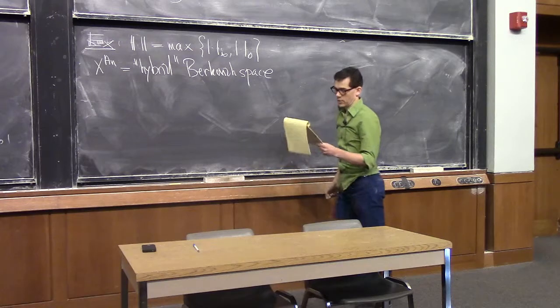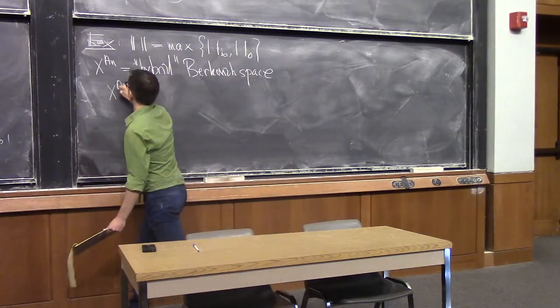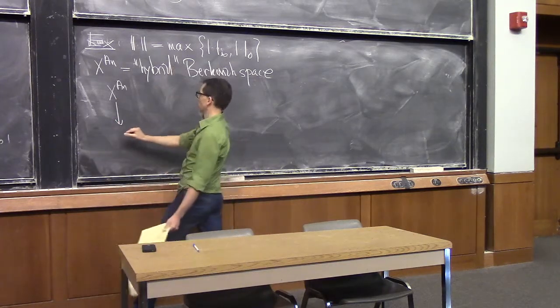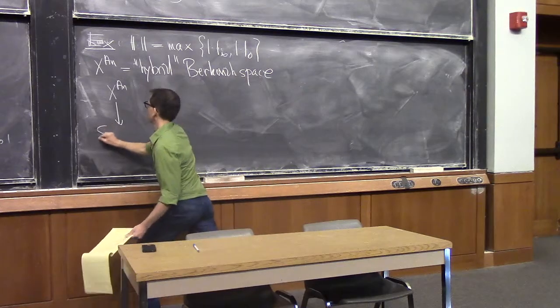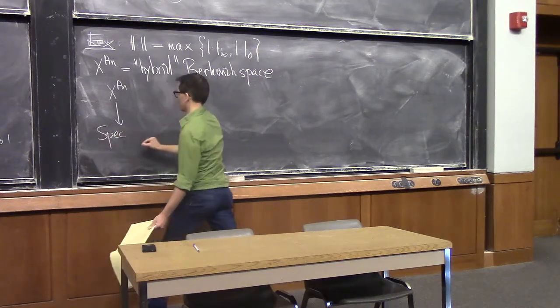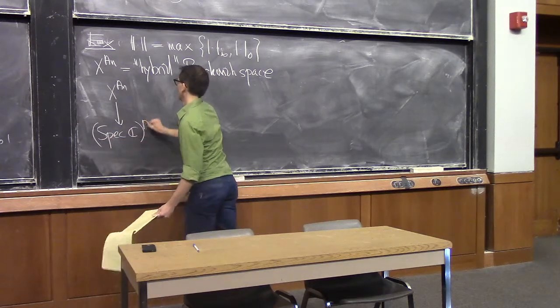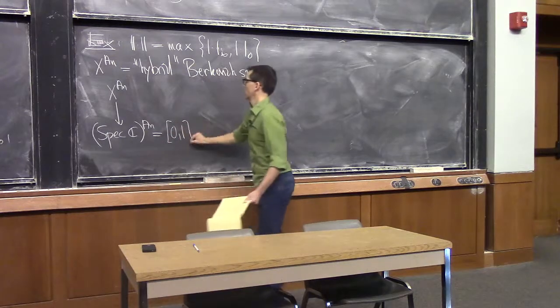Right? Because what I'm going to get is Xn is going to map to [0, 1]. So why is it [0, 1]? Because that's kind of what I do when I do Spec C, I just map it to the point, and with this norm, this is [0, 1].